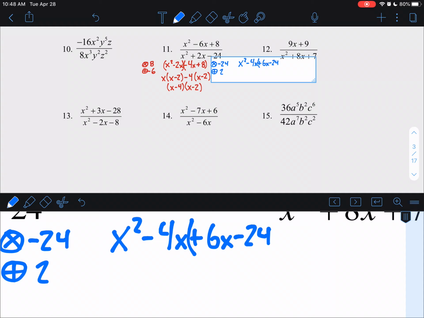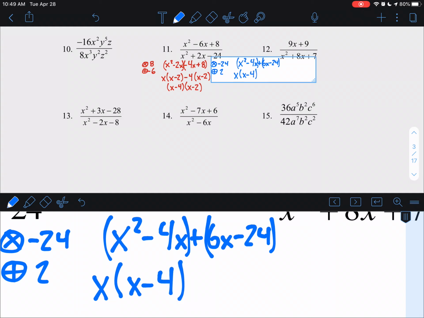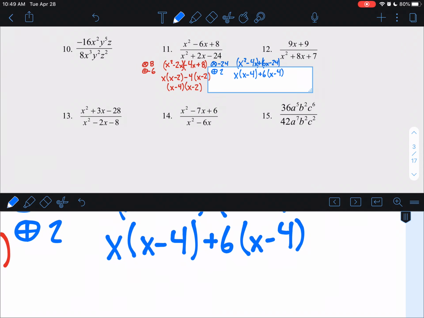Okay, so between x squared minus 4x, the greatest common factor is just x, and I'm left with x minus 4. And between 6x and negative 24, the greatest common factor is 6, and I'm left with x minus 4, which means the two factors of the denominator are x plus 6 and x minus 4.